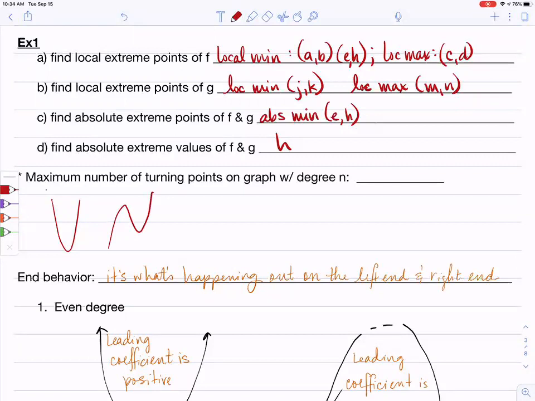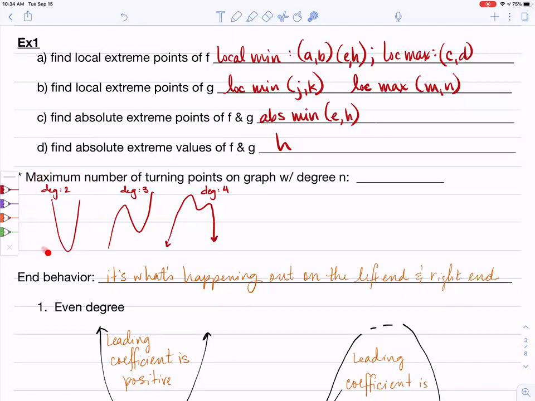So let's write this down here. My degree here is 2. My degree here is 3. This would be a common quartic. What was that word? Right, but what did it mean? 4th degree, 4th power. Now, let's go back to the degree of 2, the quadratic.